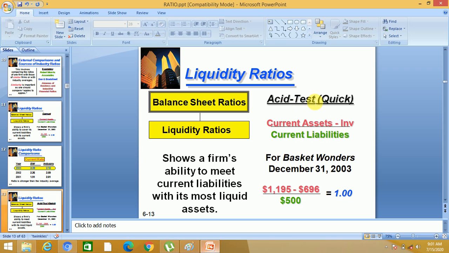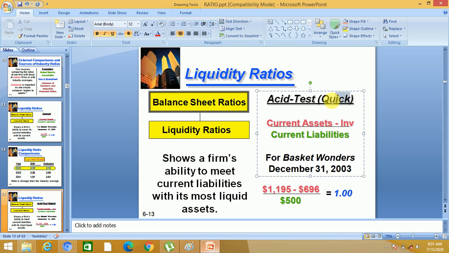That's why it is called quick ratio, because we are using our most liquid assets. With our most liquid assets, can we pay our liabilities quickly, on time, or not.